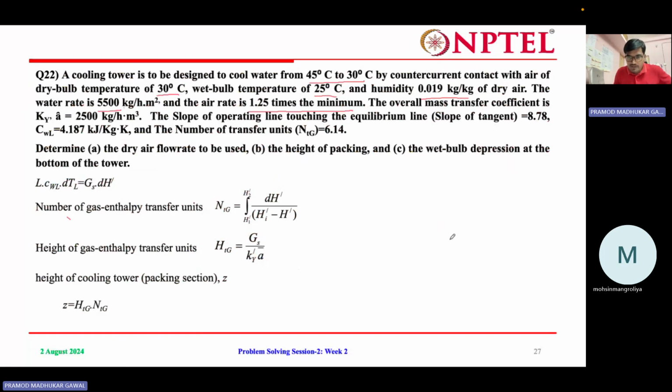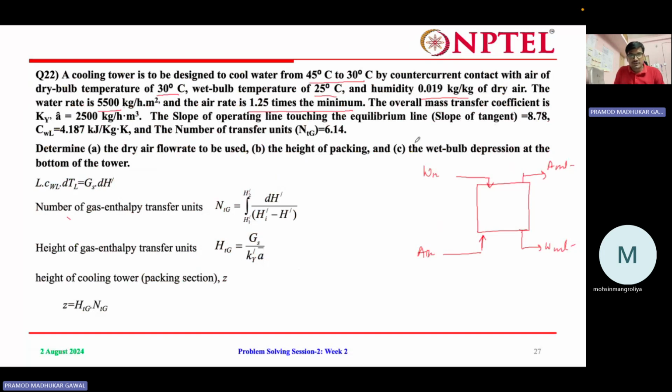So here is a cooling tower with the given conditions. Counter-current, air in, water in, air out, water out, right?